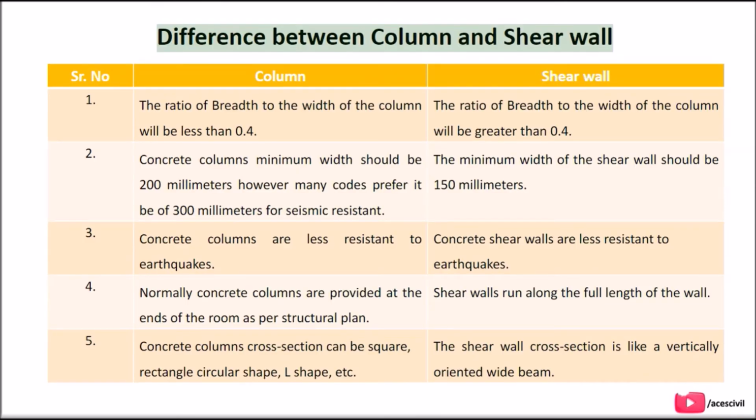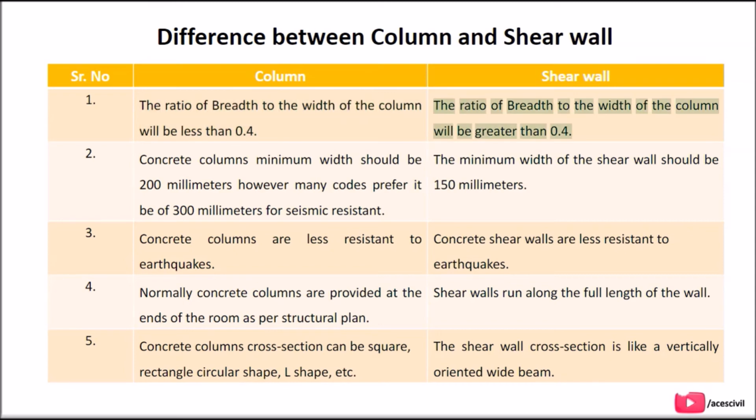Difference between column and shear wall. Serial number 1. Column: the ratio of breadth to the width of the column will be less than 0.4.